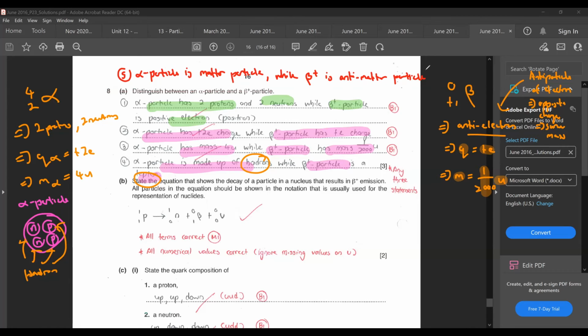Also somewhat okay. Alpha particle is metal particle, where beta plus is antimatter particle. That one is also kind of correct.